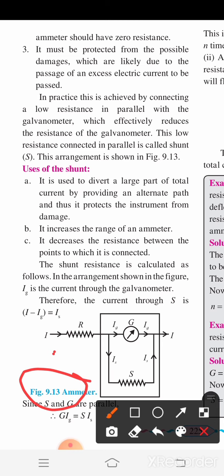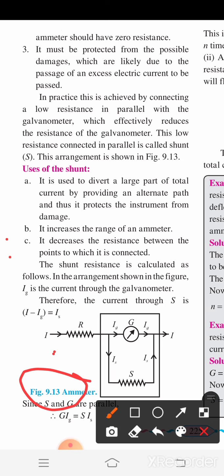So what are the uses of shunt? Why do we use the shunt in the MCG to convert it into the ammeter? The first use is that it is used to divert a large part of the total current by providing an alternate path, and thus it protects the instrument from damage.